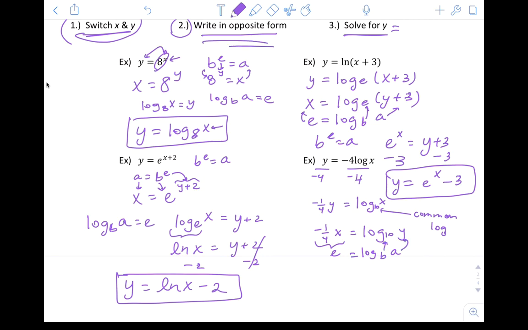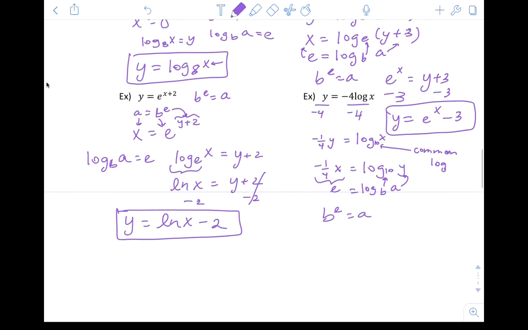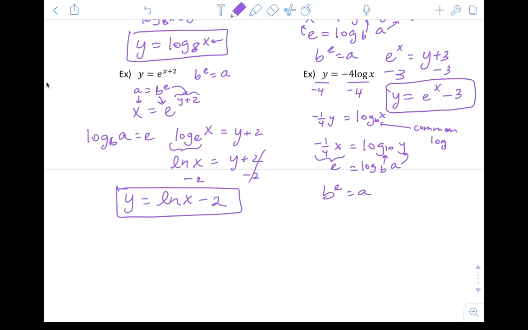Write in opposite form, which is BIA. So our base is 10. Our exponent is negative 1/4 x. And our answer is y. So y equals 10 to the negative 1/4 x, or you could put negative x over 4. It doesn't actually matter.